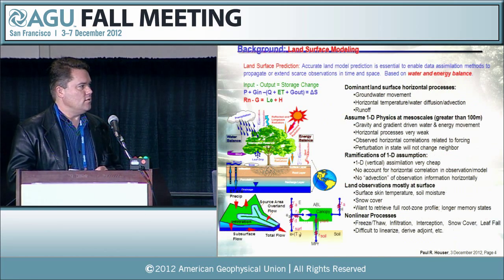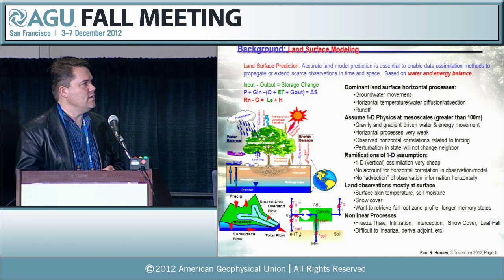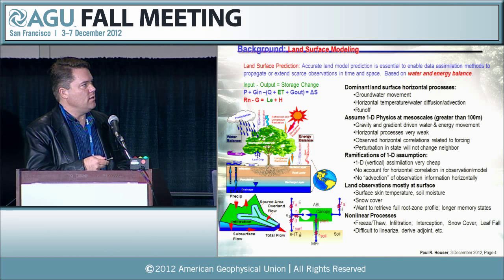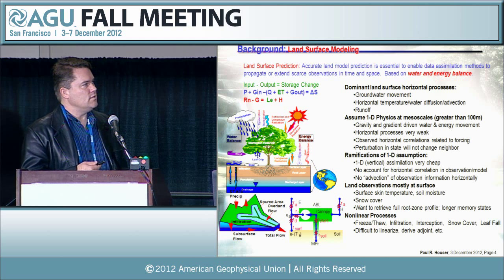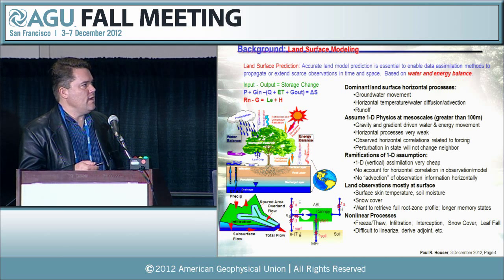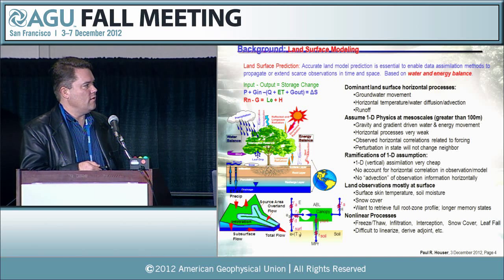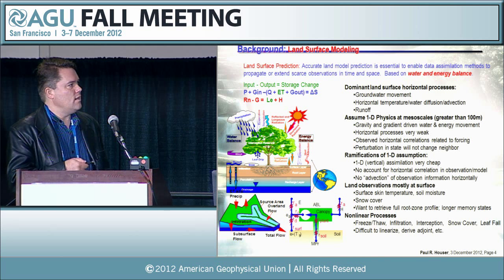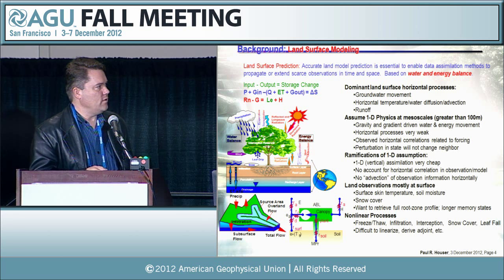A few things about the land that are unique compared to atmosphere and ocean assimilation: the dominant land processes are vertical. The only ones that are horizontal are groundwater movement and temperature and water diffusion, but most of the processes are vertical. So we have good coupling vertically, but very weak coupling horizontally.